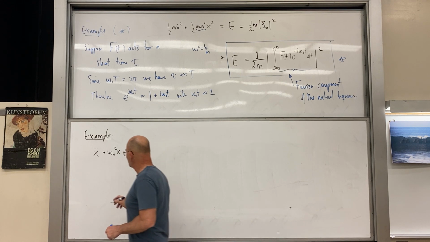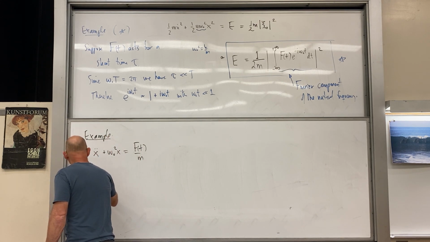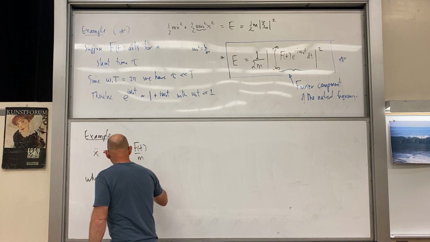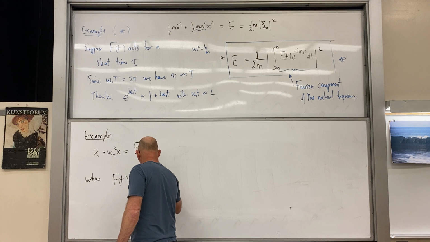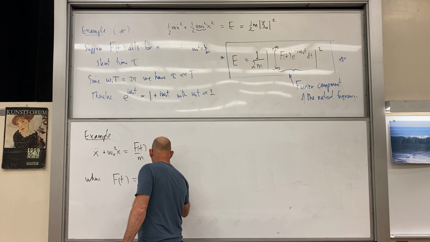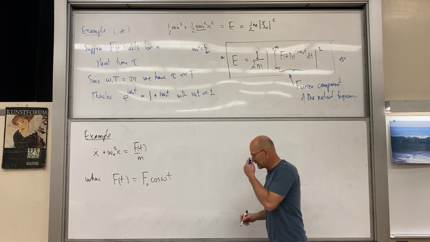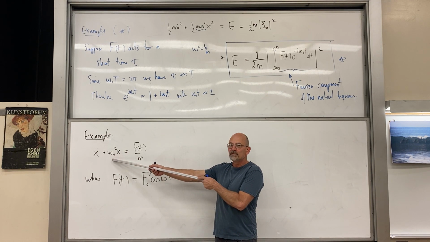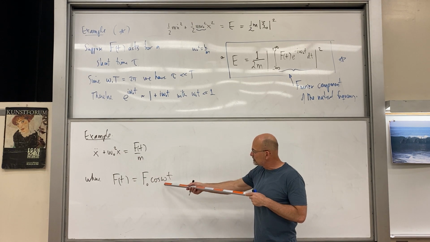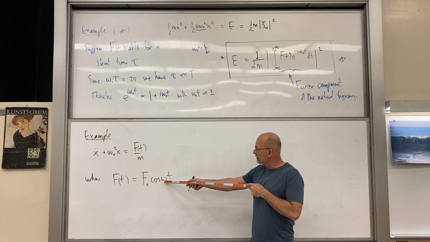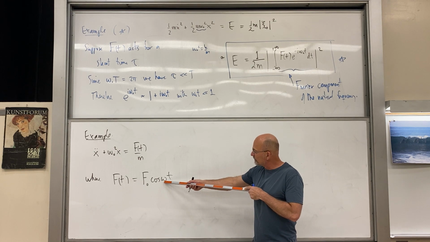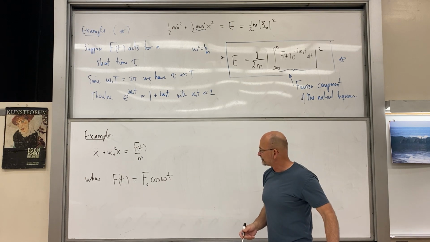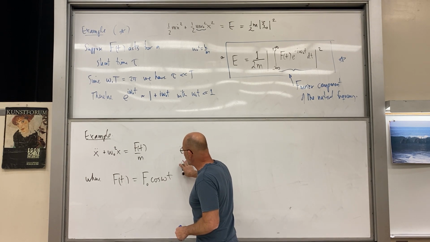And this time, the driving force is equal to f naught cosine of omega t. And notice, here's the driving frequency, here's the natural frequency. We're going to get the general solution and then ask what happens when we let this driving frequency approach the natural frequency. So we have to go into our solution again.